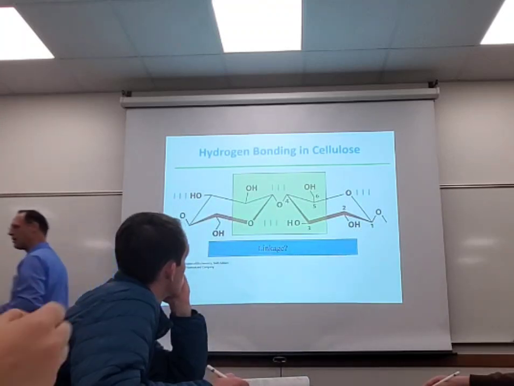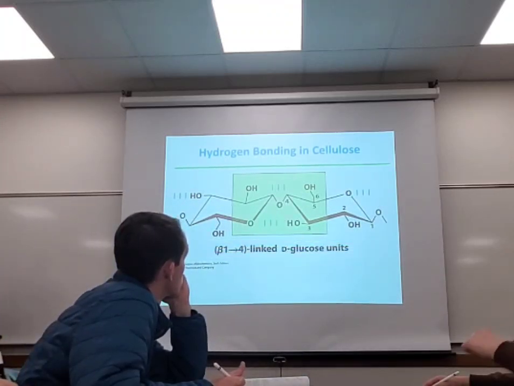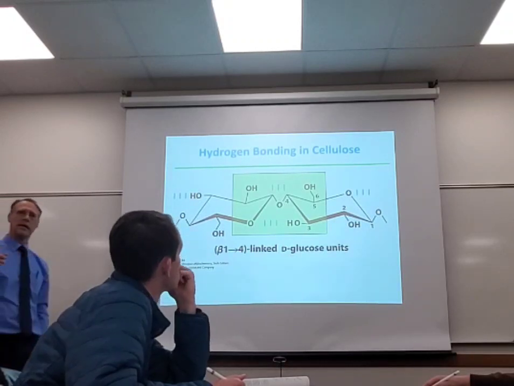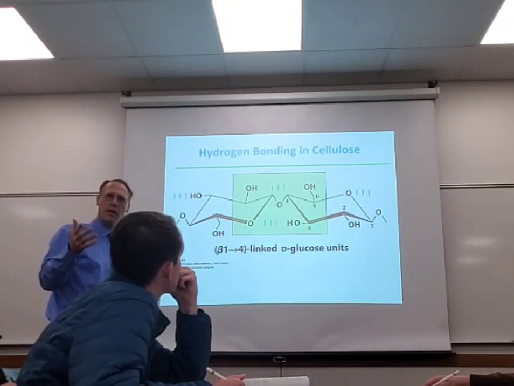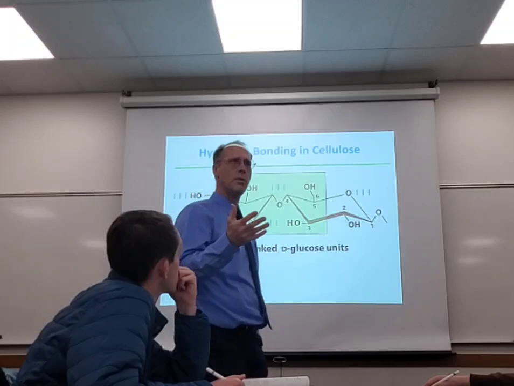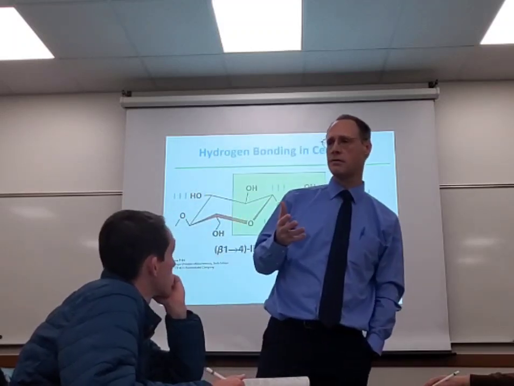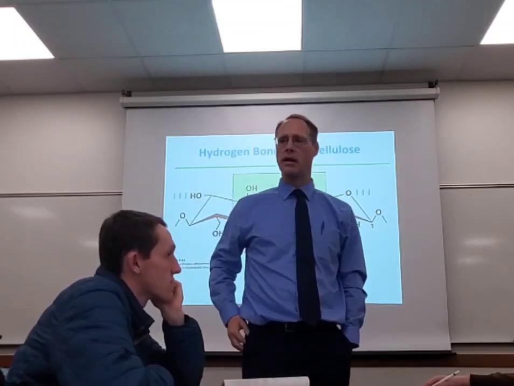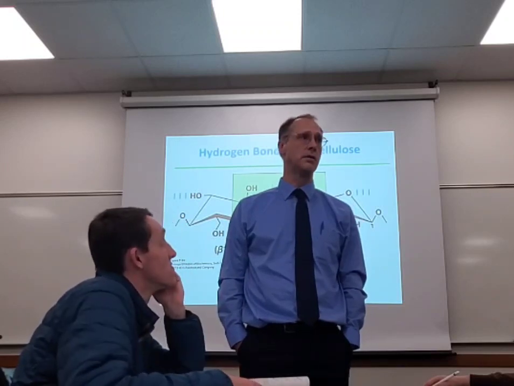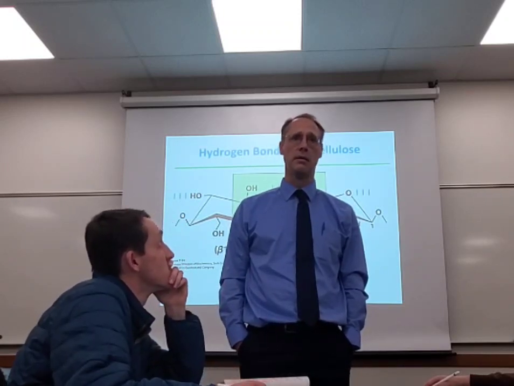That is cellulose. This linkage right here, you cannot break. You don't have enzymes to do it. Okay, cool. So it turns out that the ruminants, which means what? Cows. Cows, goats, they can't break it down either. Termites, they can't break it down either.